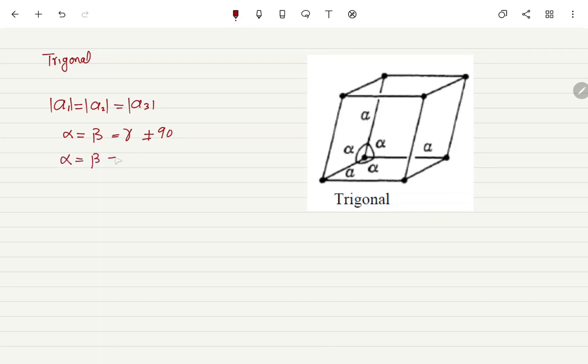It's alpha, beta, and gamma, and it's less than 120 degrees.